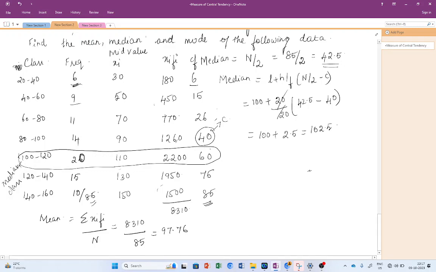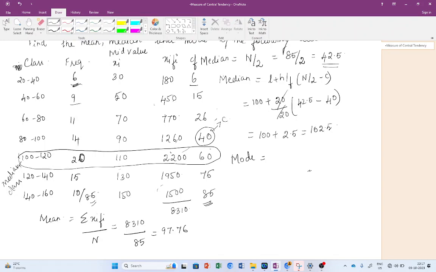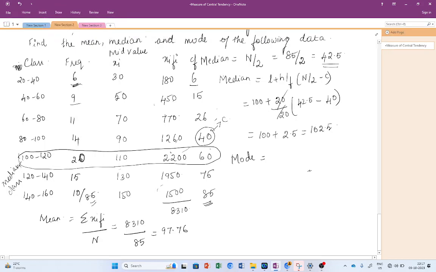Okay, now coming to mode. Again you have to check only with the frequency. If you see this frequency, the highest frequency is 20.